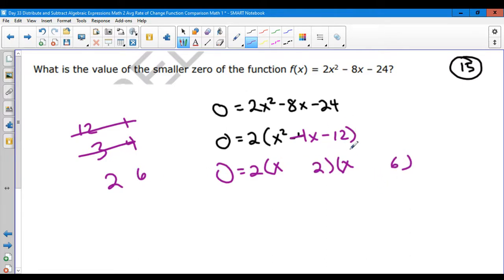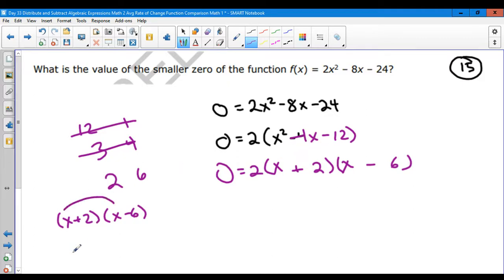Now, to make this a negative 12 when I distribute this, I need one positive and one negative. I know that this one's the negative and this one's the positive, because I'm good enough at factoring these where I know that that'll give me negative 6x in the middle, positive 2x in the middle, and that'll combine to be negative 4x. And let me show this distribute to make sure that it does equal this.